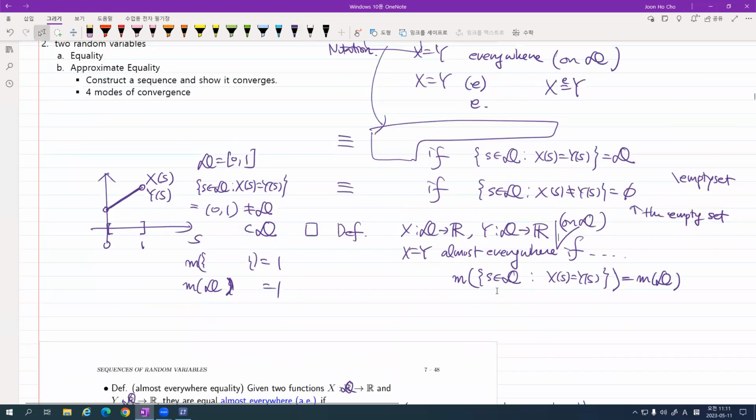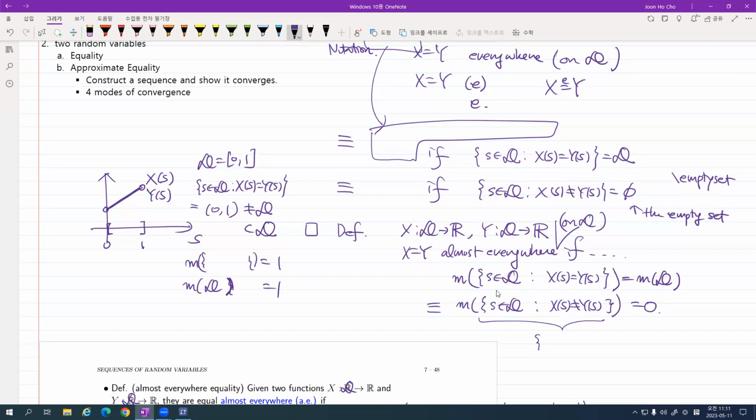And another one is this. You take the measure of the set where x and y are different. And it's 0. Got it? So in this case, what is that set with inequality?